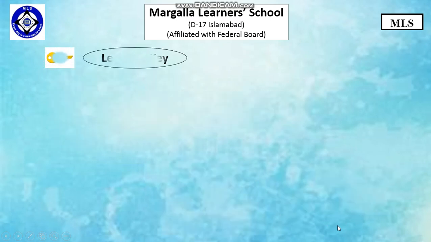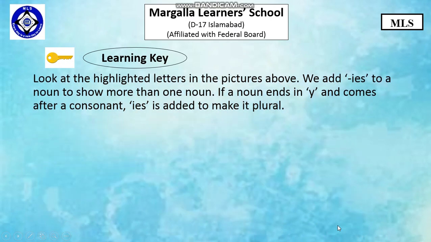So, did you see that the words had highlighted letters? We add IES to a noun to show more than one noun. If a noun ends in Y and comes after a consonant, IES is added to make it plural.